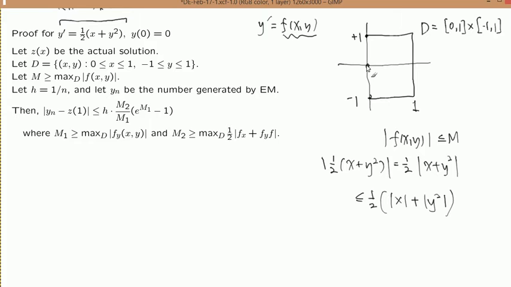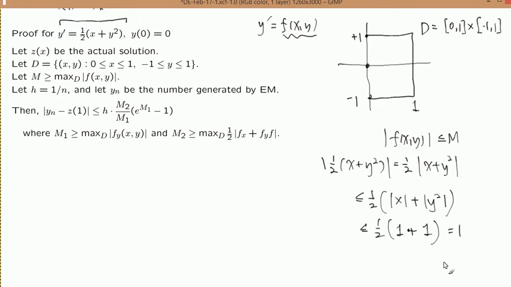x grows between 0 and 1, so its absolute value is at most 1. y varies from -1 to +1, so y squared will always be at most 1 as well. Because 1 plus 1 times 1/2 is 1 here. So I guarantee that if you choose any point in here and stick it into this formula, it's always going to be at most 1.